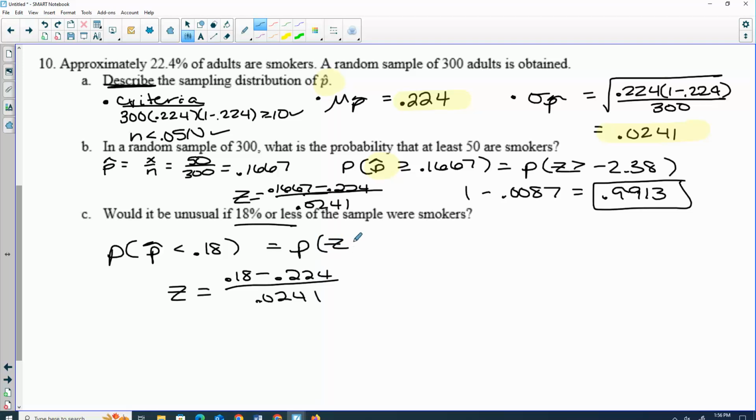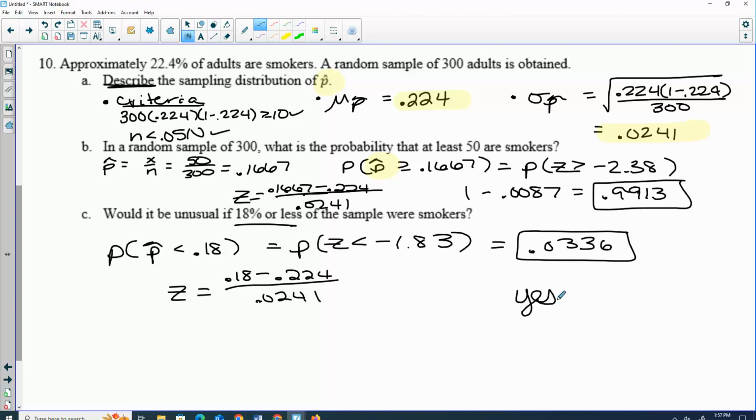Probability that z is less than negative 1.83. Less than is what our table gives us. So we look up negative 1.83. We get 0.0336.